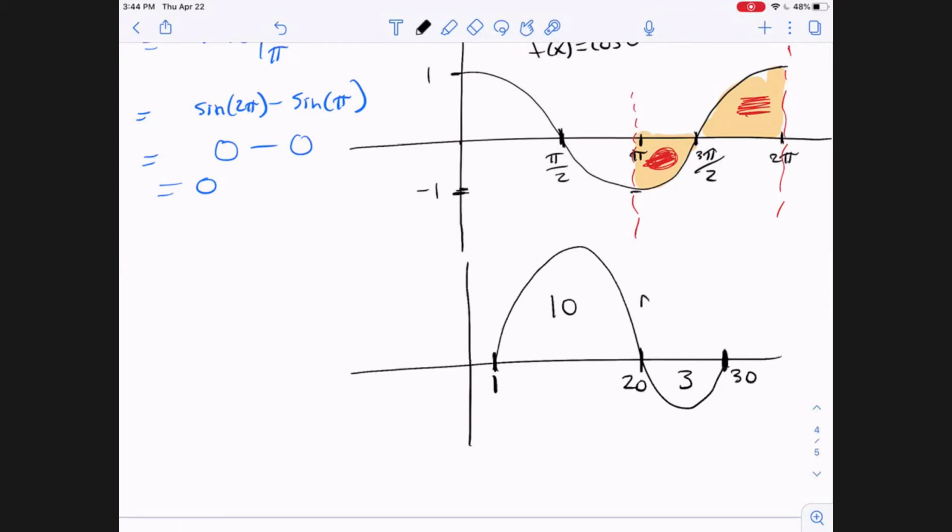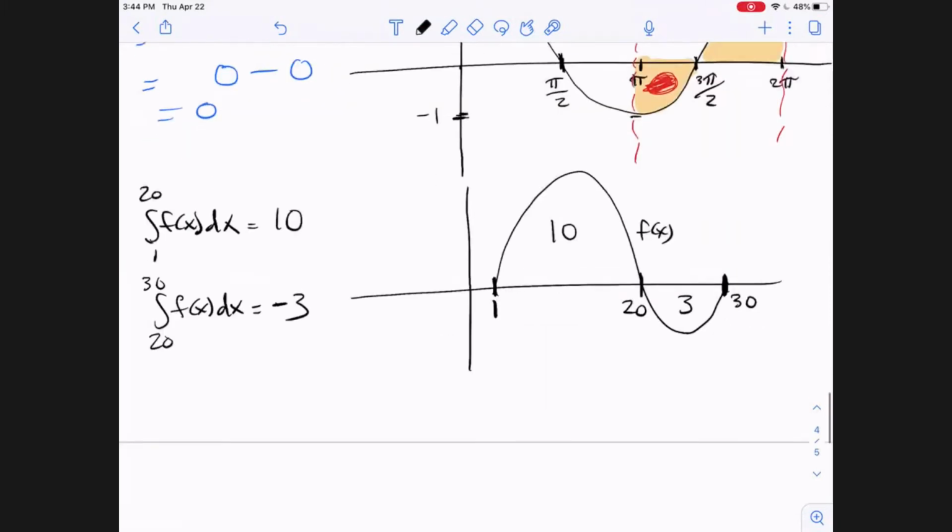Let's say this is f of x. If you integrate from 1 to 20 of f of x dx, you would get 10, which is the area. But if you integrate from 20 to 30 of f of x, you would get -3, because between 20 and 30, it's below sea level, so to speak. When it's below, the answer is going to be negative.